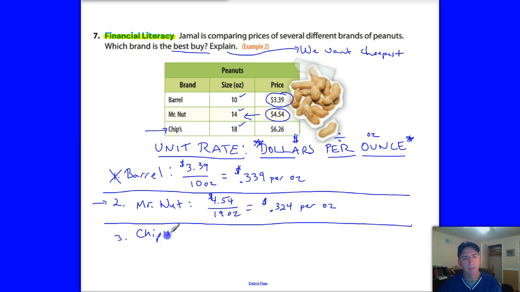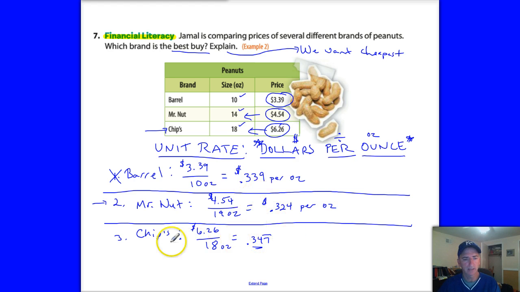So to find Chip's, its price is $6.26 and we're going to divide it by the ounces. 6.26 divided by 18 ounces. It's dollars divided by ounces. Grab my calculator, punch that in, and this is really interesting, I got 0.347 repeating.